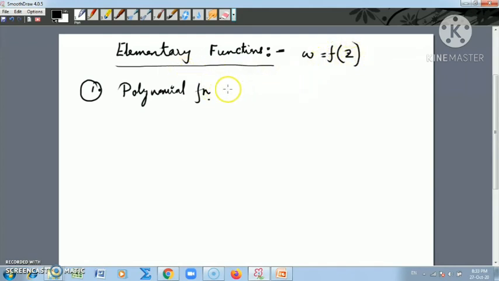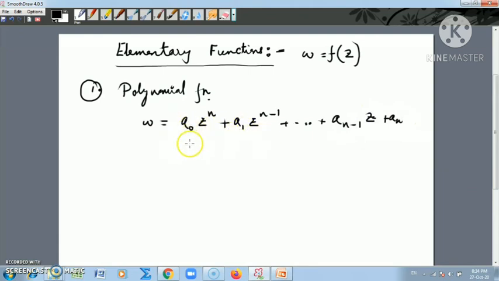So polynomial function is like this, where w is equal to a naught z to the power n plus a1 z to the power n minus 1 plus, it goes like this, plus a n minus 1 z. You see the powers of z are decreasing like this, and plus a n like this. It's nothing but a polynomial.